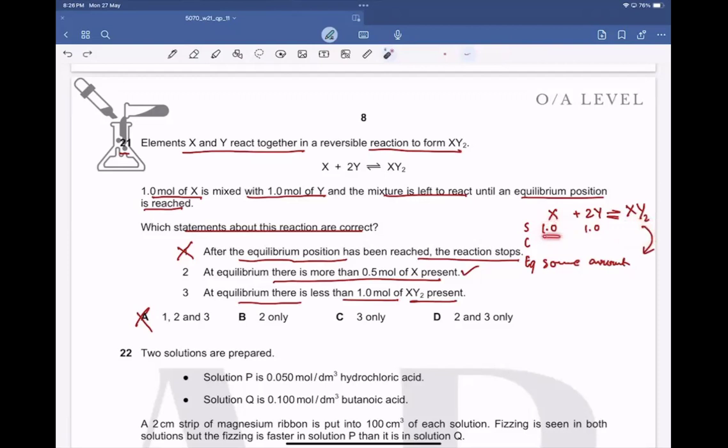So the amount of X that is used up is going to be less than 1, and the amount of XY2 formed is also going to be less than 1. So D is the correct answer because 2 and 3 both are correct. A, B, and C are wrong, and D is the correct one.